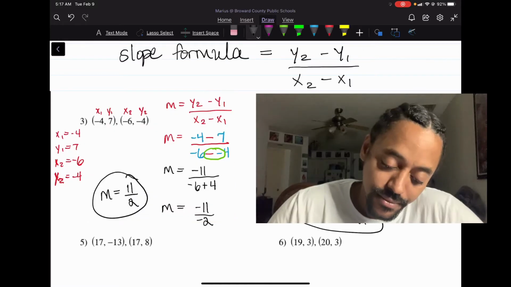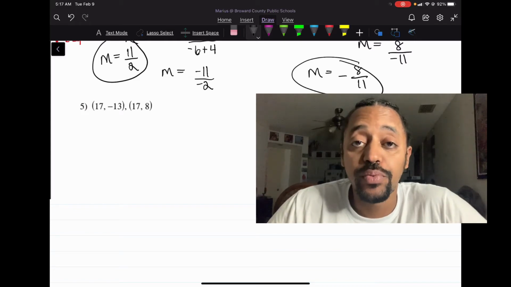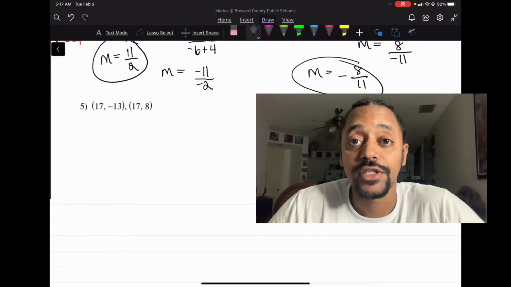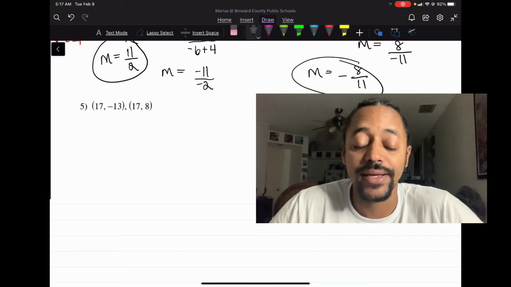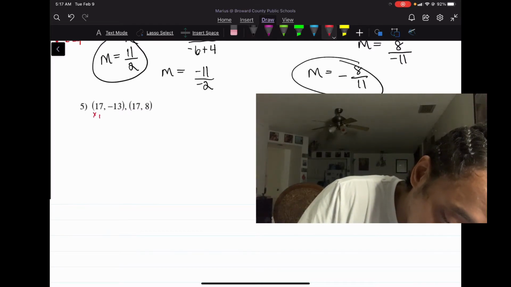Final answer. All right. Once again, label your 2 points: x1, y1, x2, y2. Use the slope formula, substitute those values, and simplify until you get a final answer. So once again, label my points: x1, y1, x2, y2.